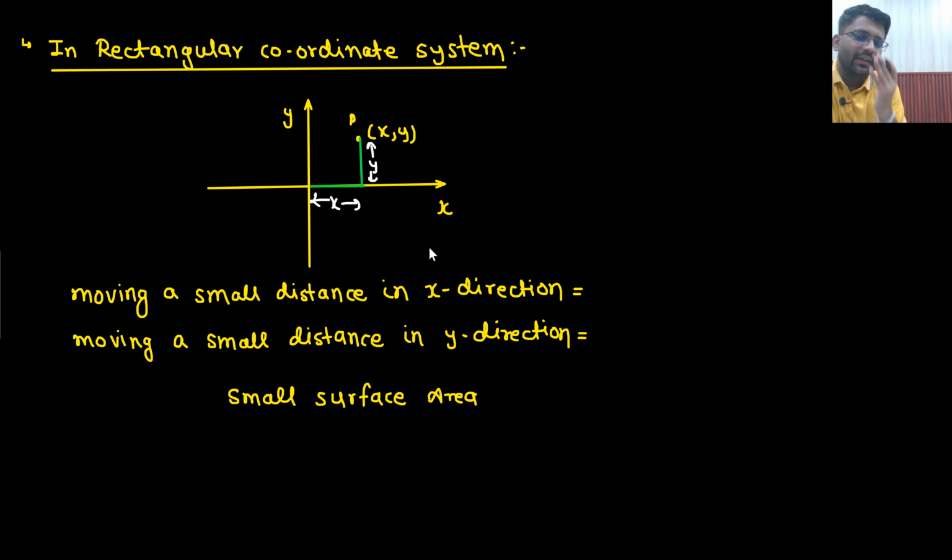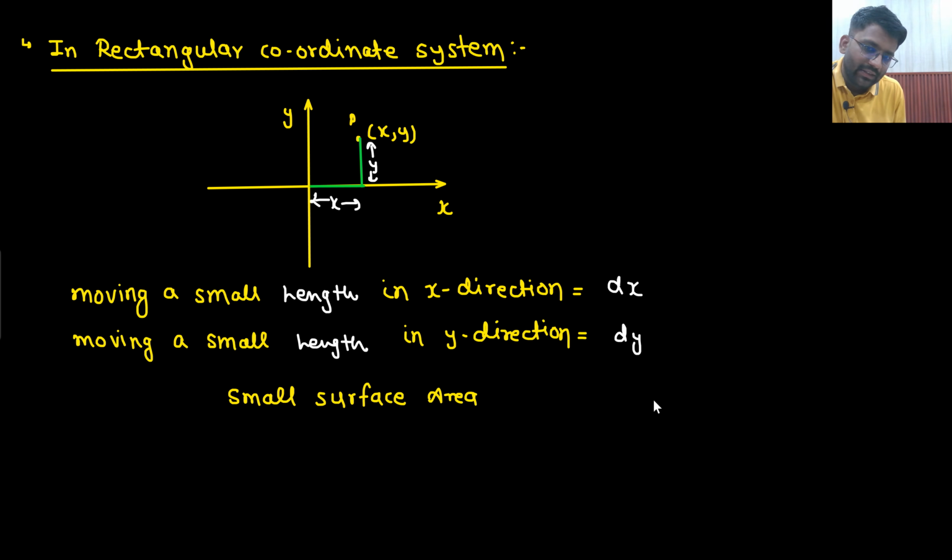If I want to move a small length in the x direction, that small length would be given by dx, and that small length in the y direction would be given by dy. So from x I want to go to x plus dx, so this distance would be dx, and from y I want to go to y plus dy. So this distance would be known as dy.